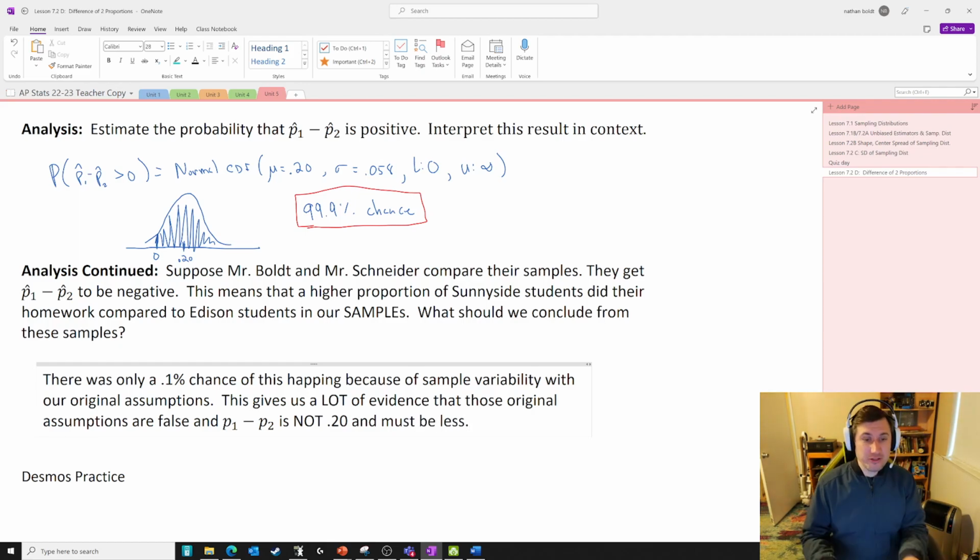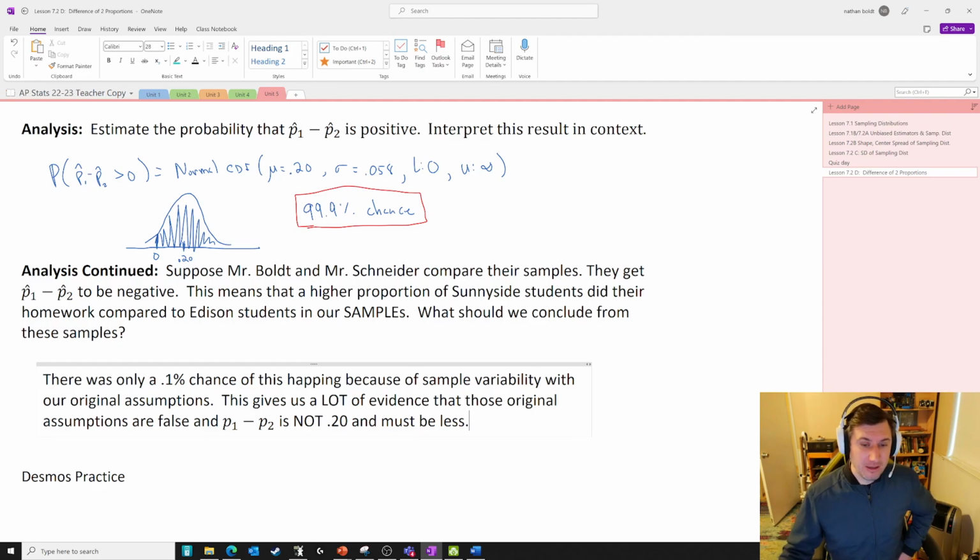All right, those original assumptions must be false because there is only a 0.1% chance of this happening because of sample variability. So I'm going to bet that it wasn't sample variability, that it was something else. The assumptions are wrong. Not necessarily somebody's lying to us, but that it's different.